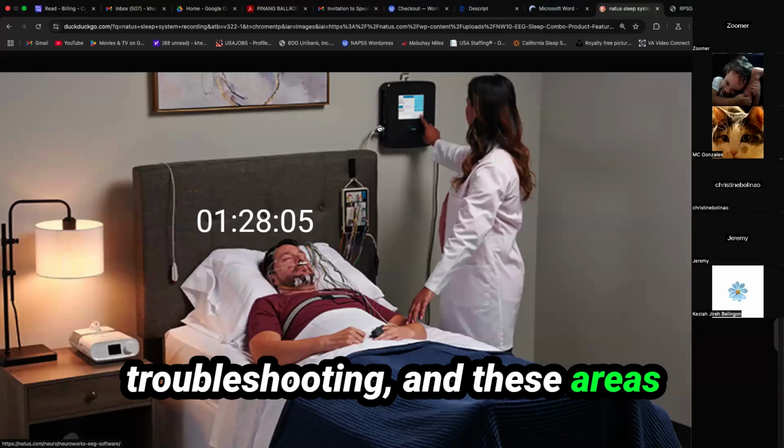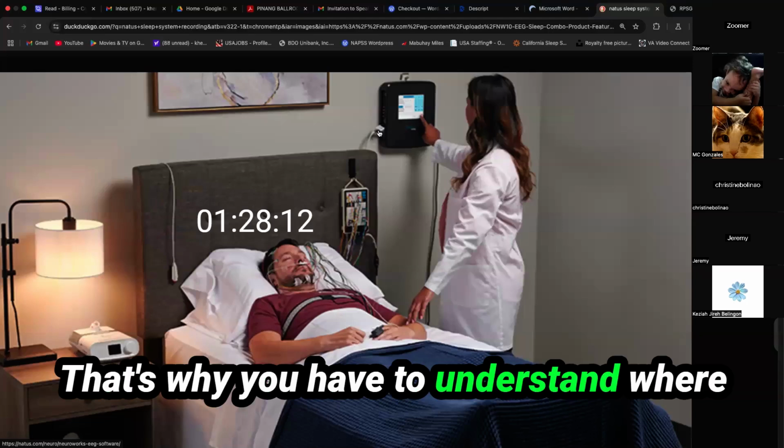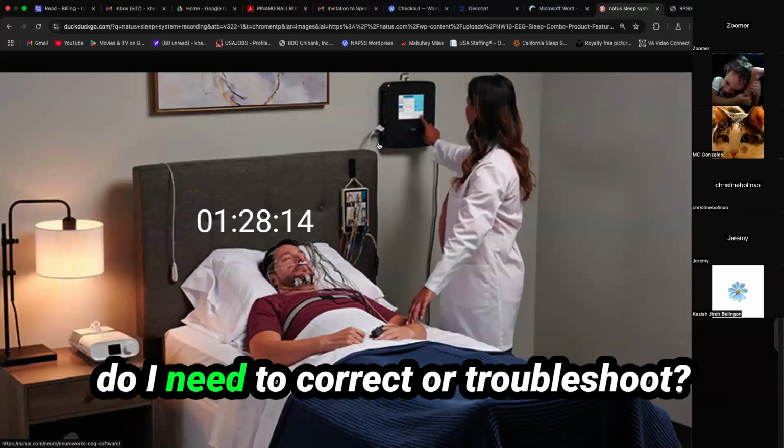And these areas can create possible artifacts. That's why you have to understand where you need to correct or troubleshoot.